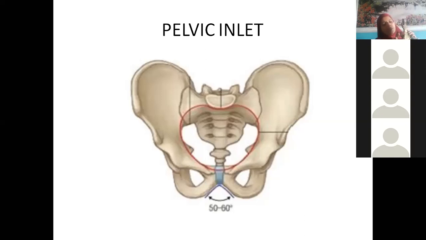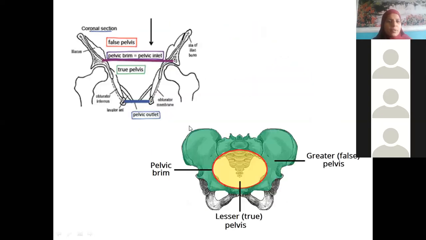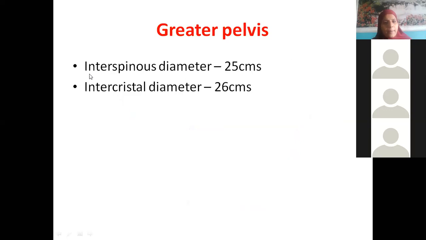What is this projection? Ischial spine. When you measure the diameter between the two ischial spines, you call it the interspinous diameter, which is 25.